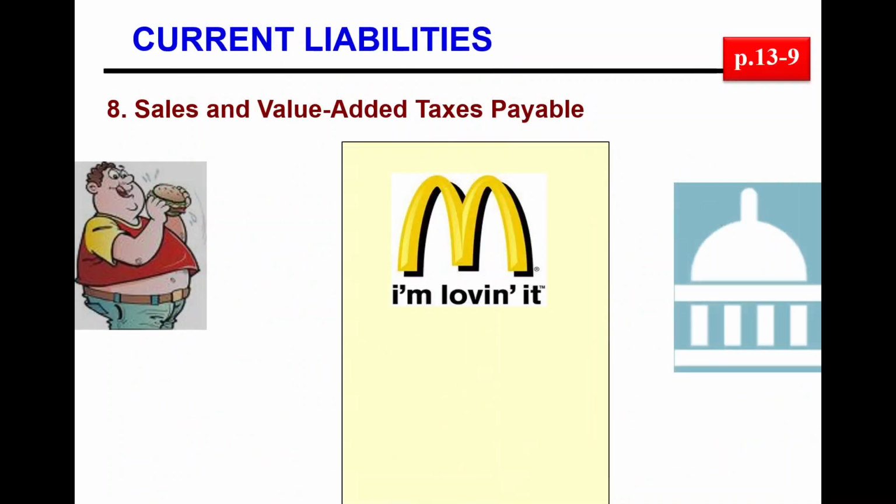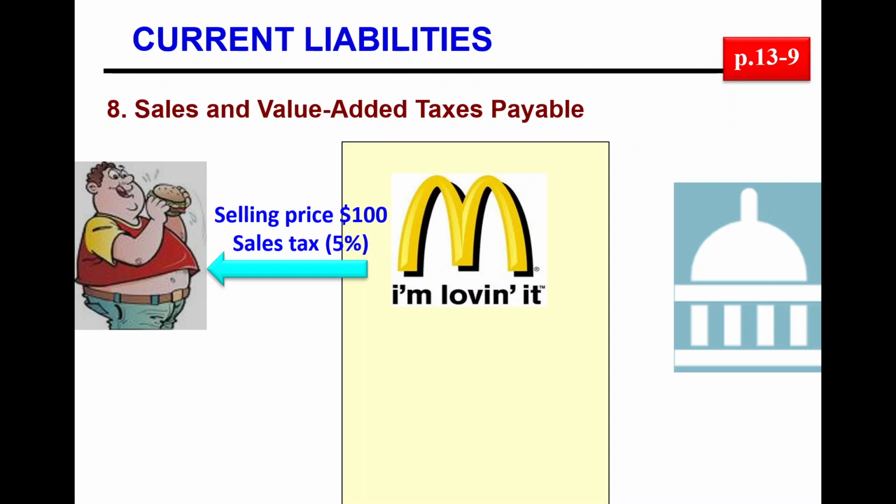Okay, so here is a simple case. You go to McDonald's to buy a hamburger, so what will you pay? You will pay a total of $105. Why is that? Because the selling price is 100, but don't forget you are the consumer.